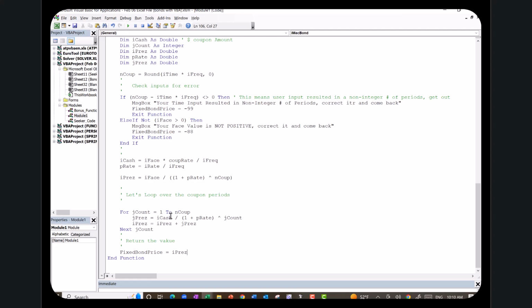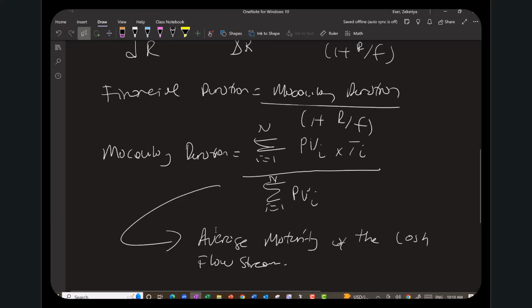Because in this loop, I calculate the present value of the cash flow for that period. And if you look at the definition of Macaulay, you multiply that present value by how far ahead that period is. So I already calculated the damn thing. I might as well use it, right?